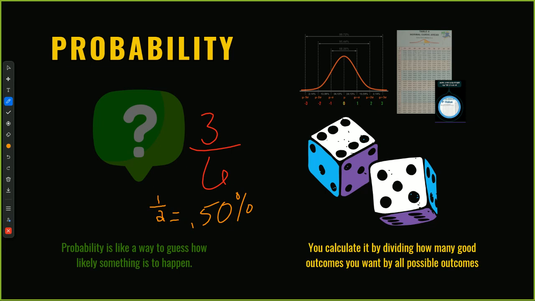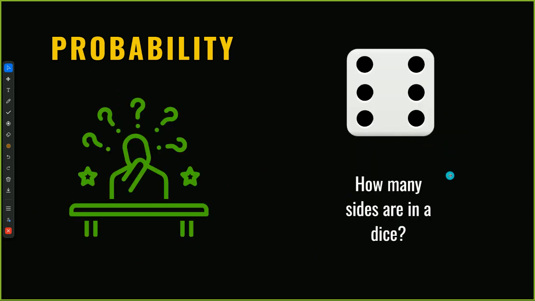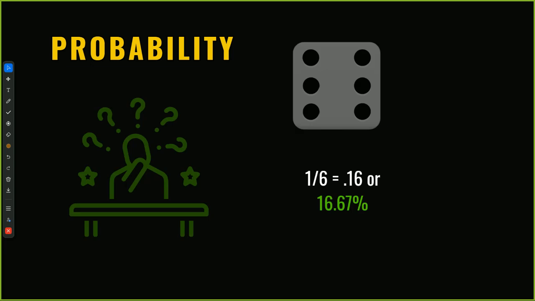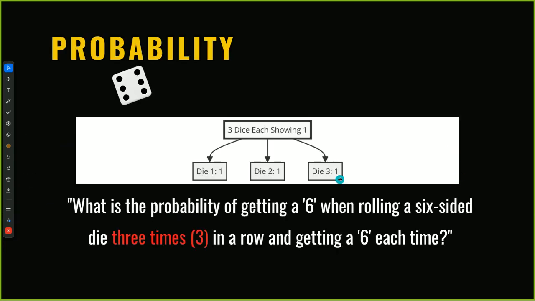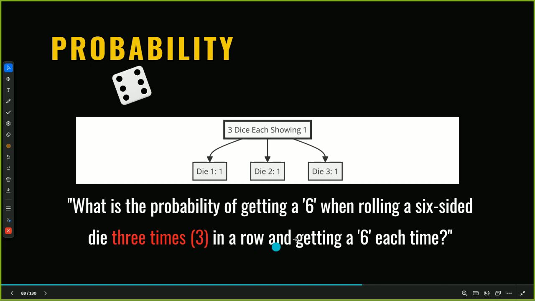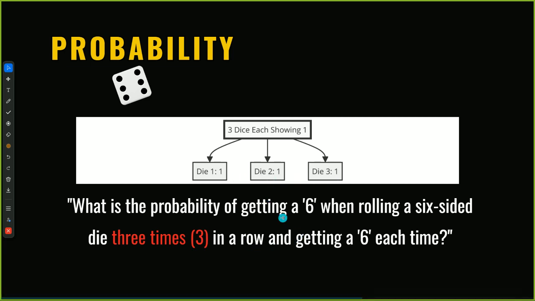Now, probability is always going to be put into a percentile. Now, how many sides are on a die? Well, we're going to have 1 out of 6 sides. 1 out of 6, 0.16, or 16.67%. Now, when I ask you guys, what's the probability of rolling a 6 on a six-sided die 3 times in a row and getting a 6 each time?